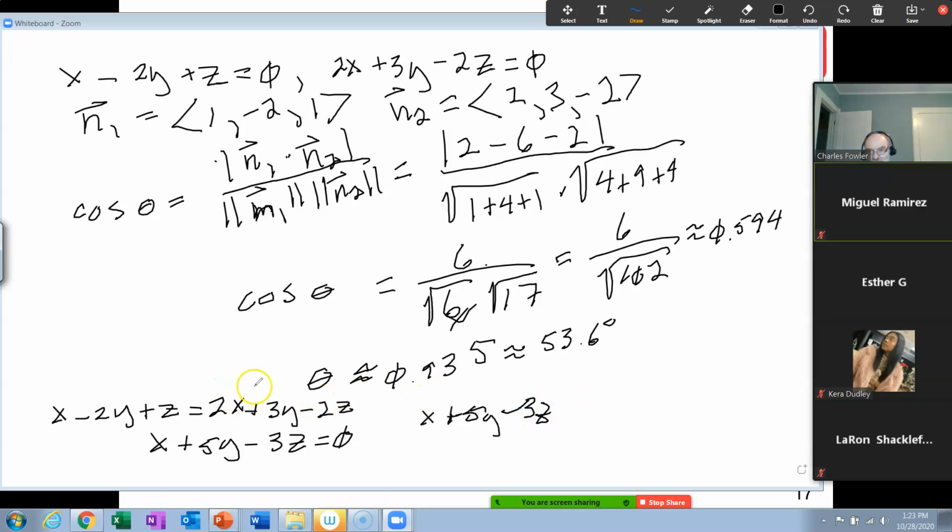Well, I've just rewritten that. Sorry about that. Basically, that's your parametric equation right there. Well, we need a t in there.